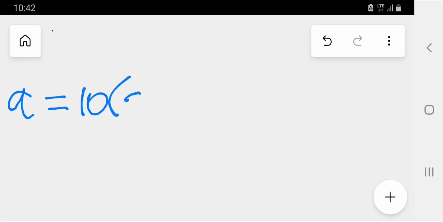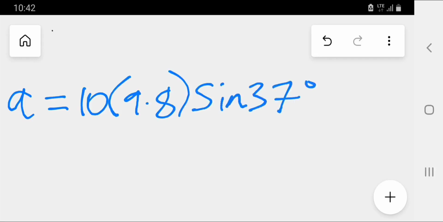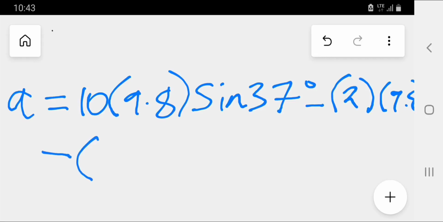The gravitational force is 9.8. Okay, sine, what is our angle? Our angle is 37 degrees. Okay, minus, what is the mass m1? M1 we say that it's 2 kilograms, having our gravitational force of 9.8, minus, what is our mu now?